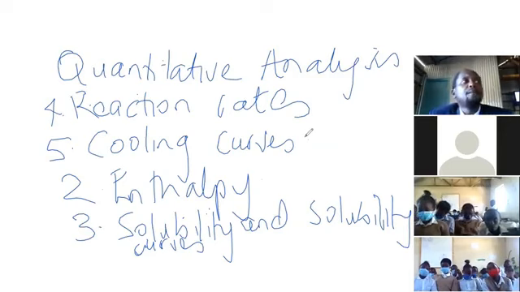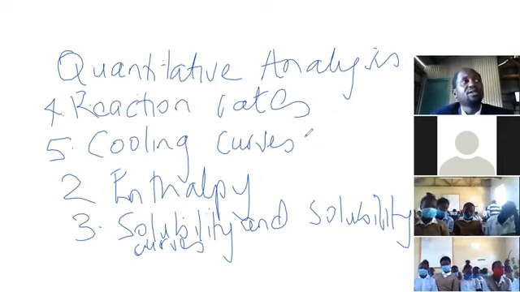First area, quantitative analysis, which is mainly about measurements, performing experiments where we do measurements of temperature, volume, and time, record those measurements in tables, use the values in tables for calculations, or use the values in tables for graphs.